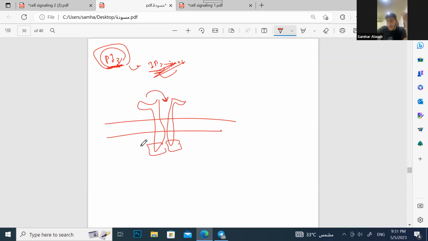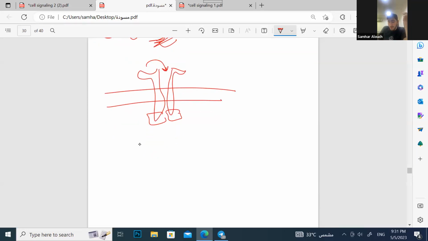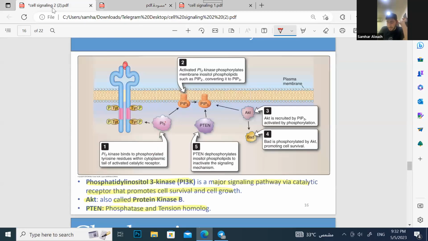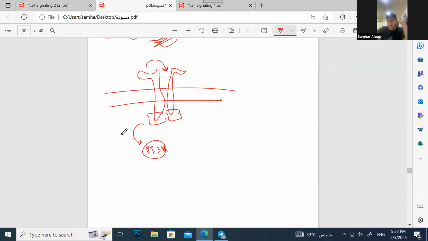Once the tyrosine kinase is activated, it phosphorylates something called PI3K. Okay, it's PI3K. It's here, the writing is wrong. I remember that I said it's wrong. It's PI3K, because it's a kinase. So please don't confuse it with IP3. IP3 is just something else, but PI3K is a kinase.